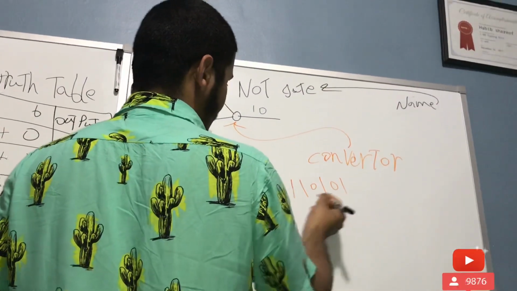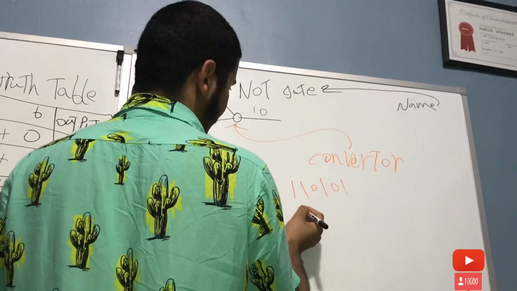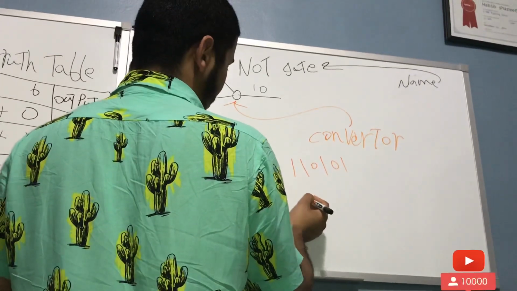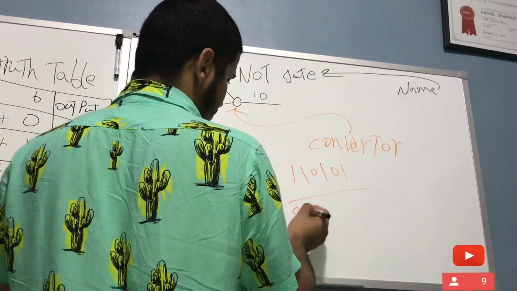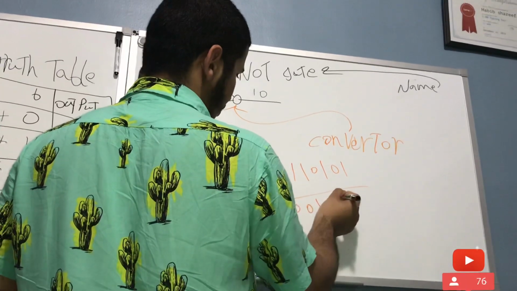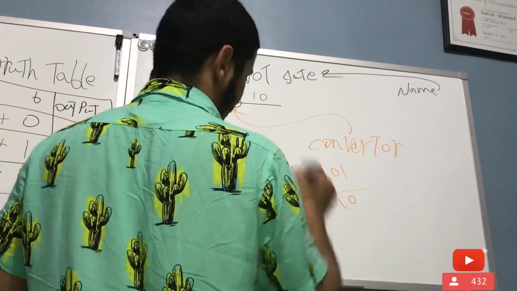That will be like this: 0 0 1 0 1 0 plus 1.